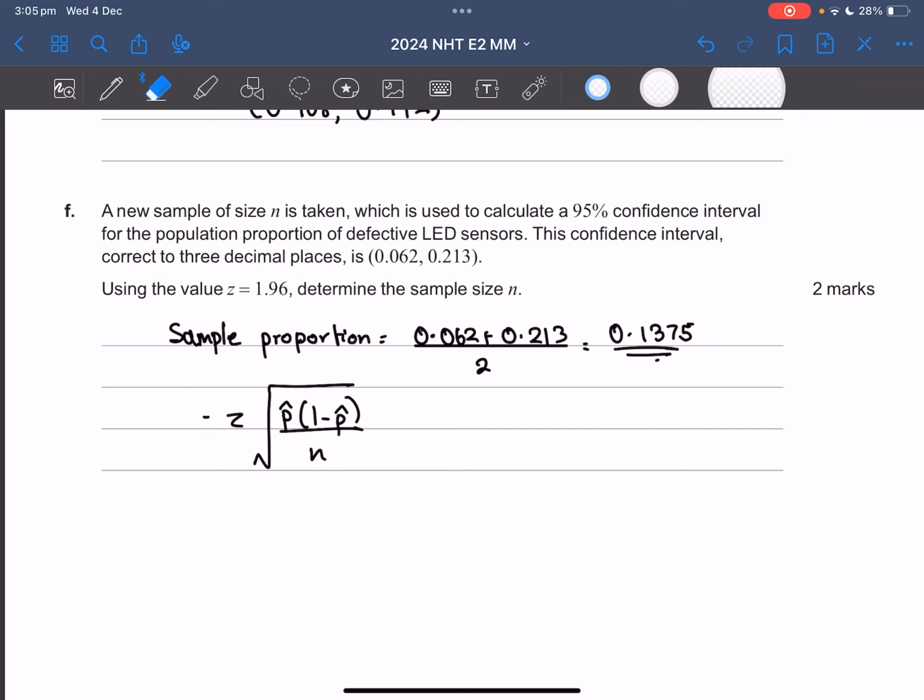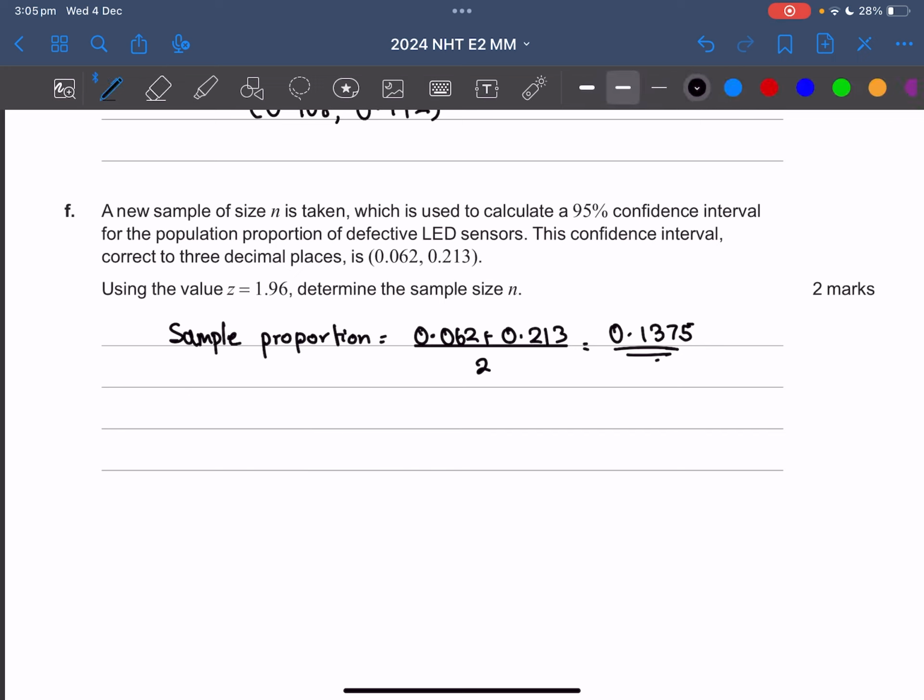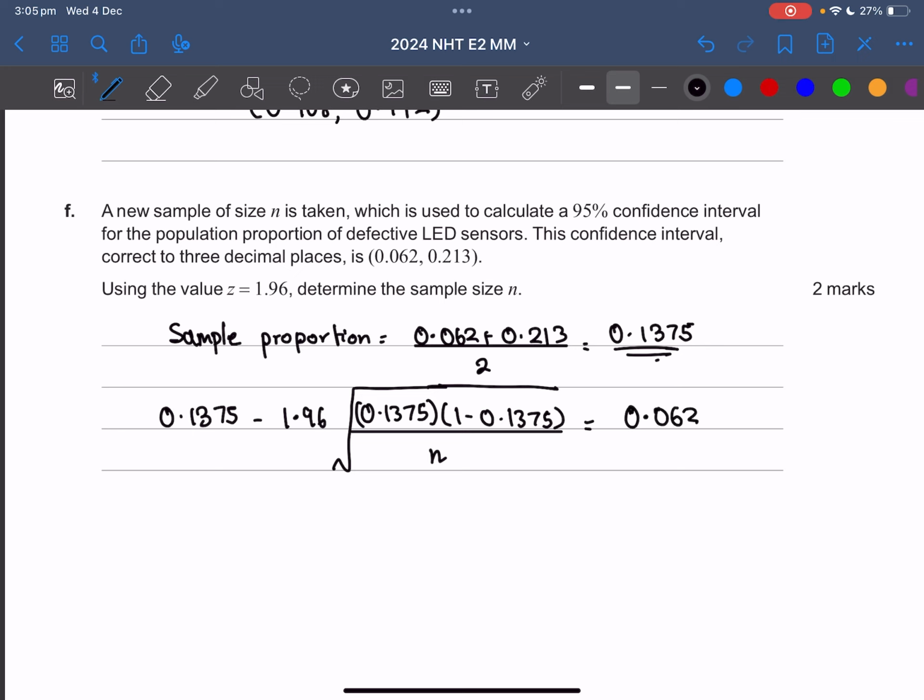So we know the value of p hat is 0.1375, take away 1.96 times the square root of 0.1375 times 1 minus 0.1375 divided by n, and that is equal to 0.062. If you put plus here, that is the upper limit, so then your answer would become 0.213. I'm just going to go with the lower one. I always take the lower one, so I'm going to stick with that.